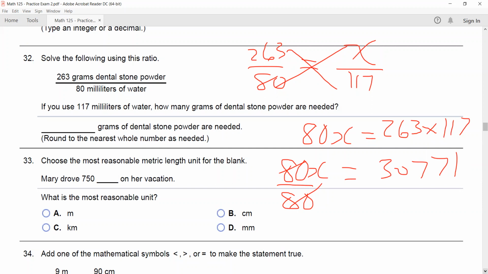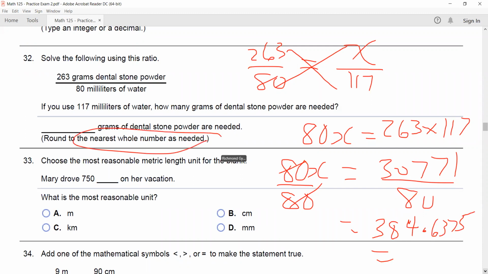So you divide by 80 now, and then you should have 384.6375. And it says round to the nearest whole number.